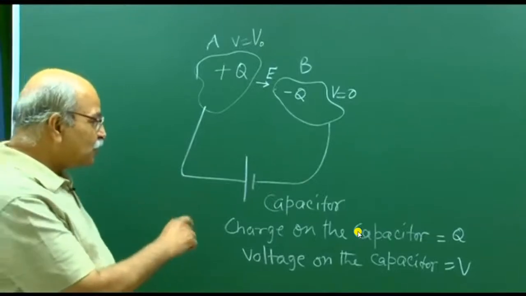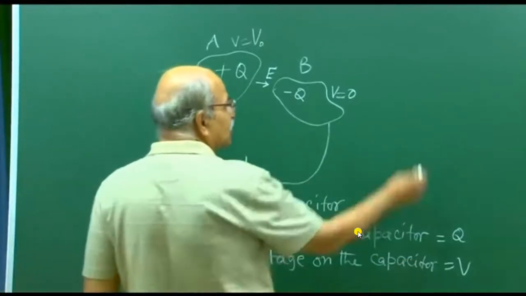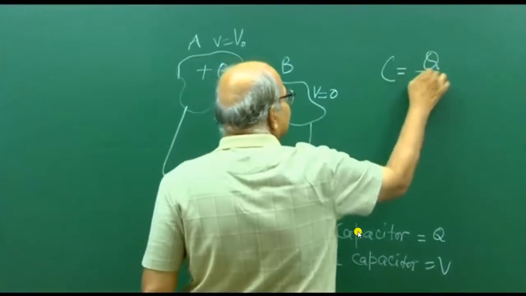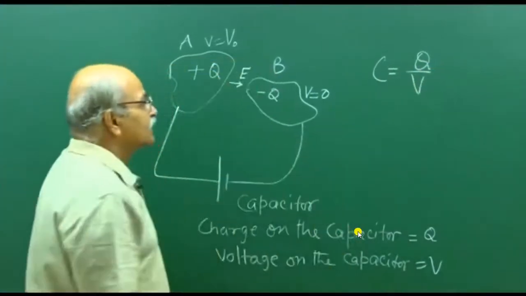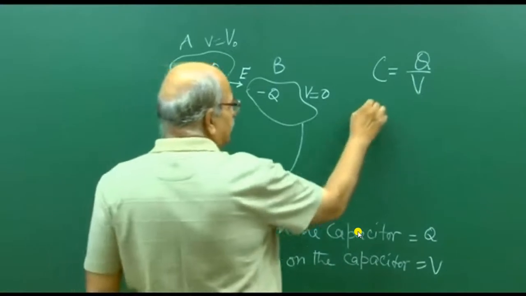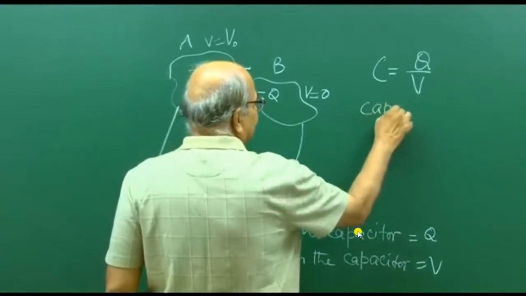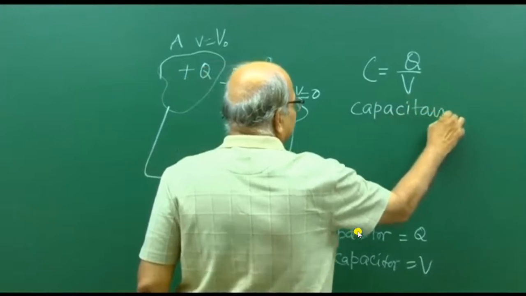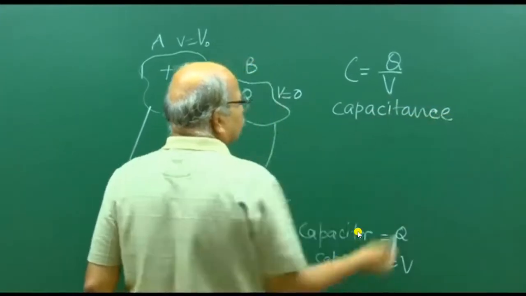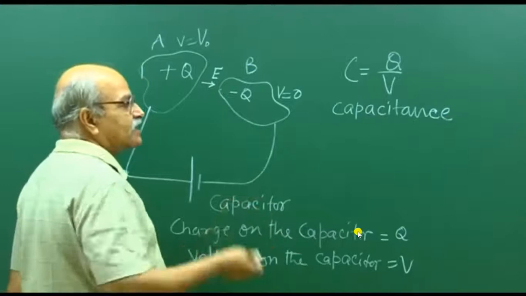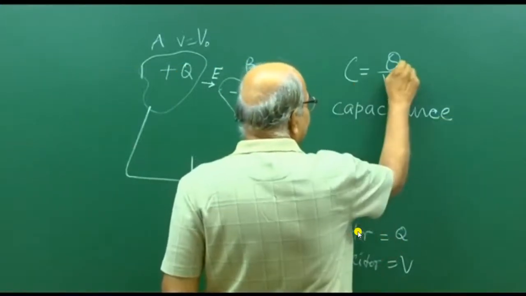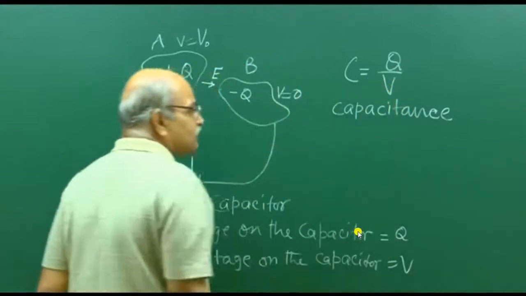And the ratio C, which is this Q divided by V, is known as capacitance, which is the quantity used in all circuit analysis and all that. So capacitance, typically written as C, is this Q divided by this V.